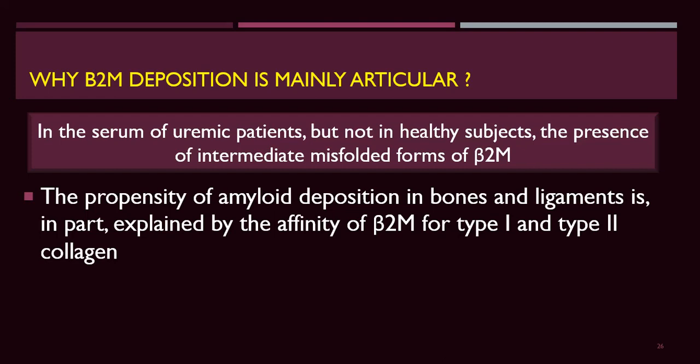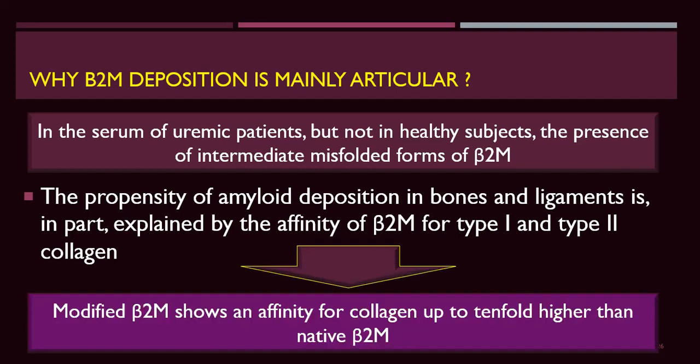That's the metabolic change of the native beta-2 microglobulin and its glycation. Modified beta-2 microglobulin shows an affinity for collagen up to 10-fold higher than native beta-2 microglobulin. One part is retention, the second part is modification, and these modifications give a 10-fold higher affinity to osteoarticular cartilage.